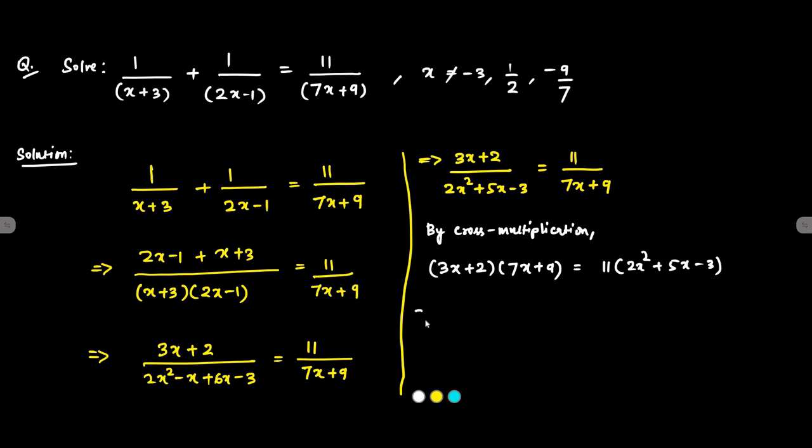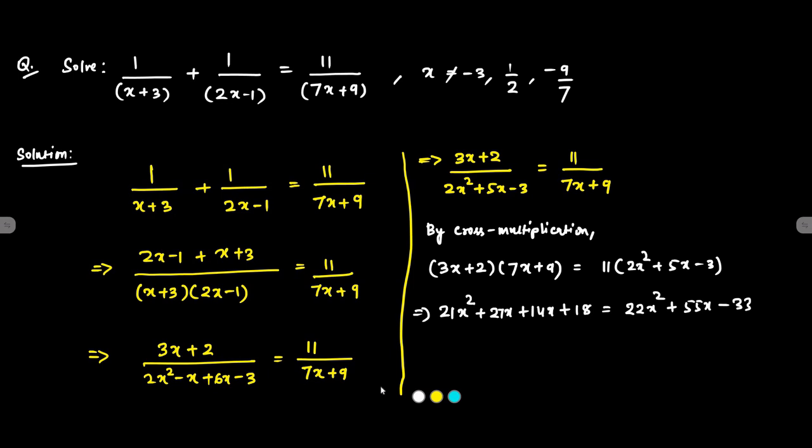That implies 21x square plus 27x plus 14x plus 18 is equal to 22x square plus 55x minus 33.